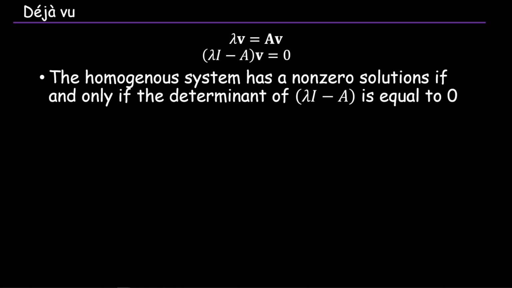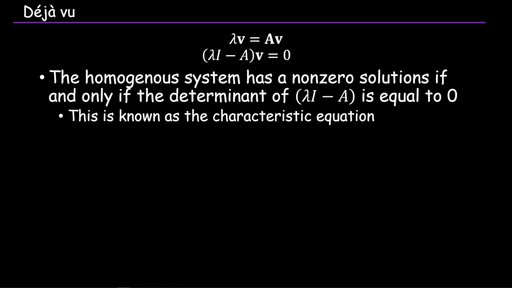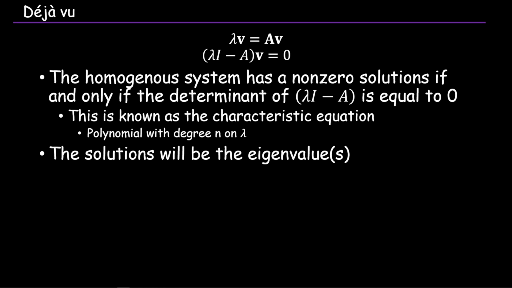This becomes a homogeneous system that has non-zero solutions if and only if the determinant of lambda I minus A is equal to 0. This is known as the characteristic equation, a polynomial of degree n in lambda, and its solutions will give us the eigenvalues. Wow, we've heard this before.